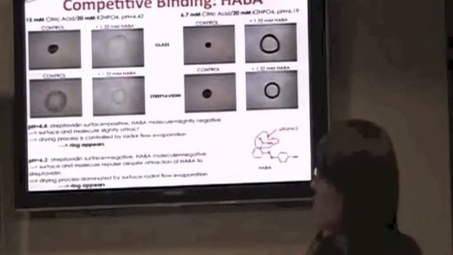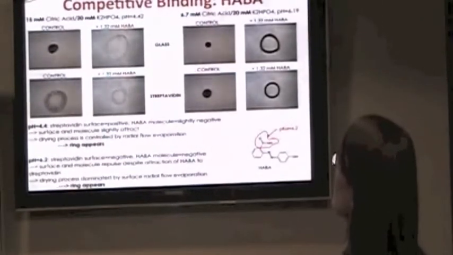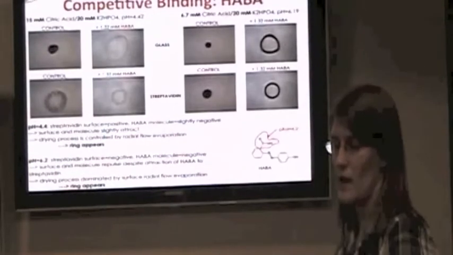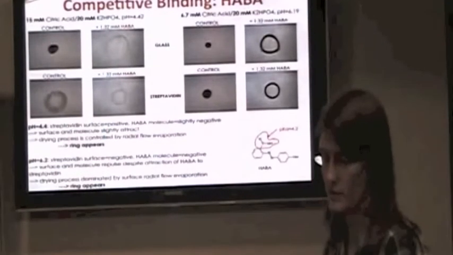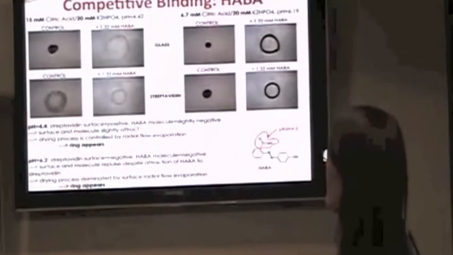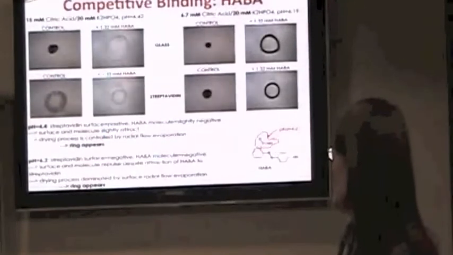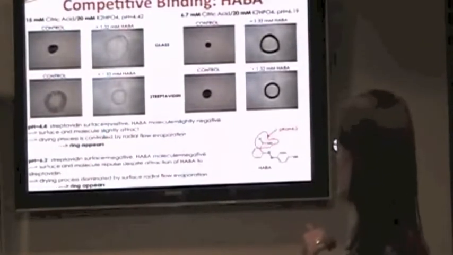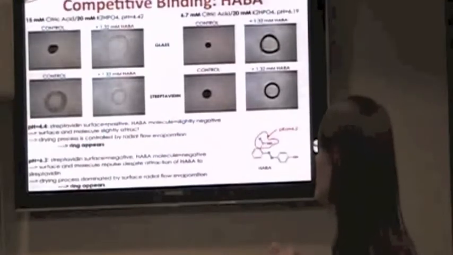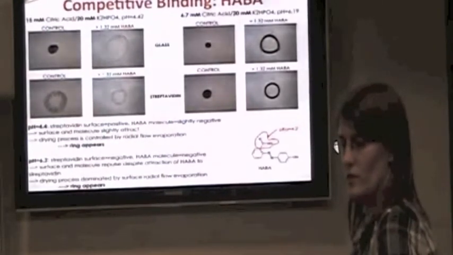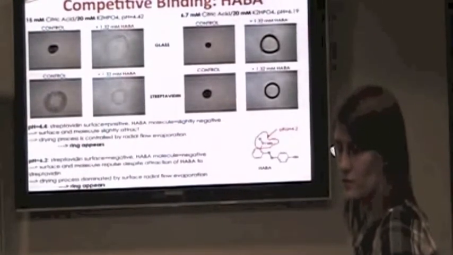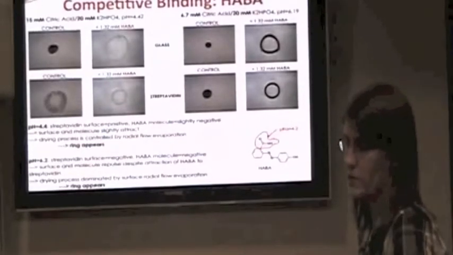But then, rather than using biotin, we looked at HABA, which is also known to have an attraction to streptavidin, although it's not nearly as high as the attraction that biotin has to it. So here, again, you can see with the pH 4.4, you're going to have a slightly positive streptavidin surface.